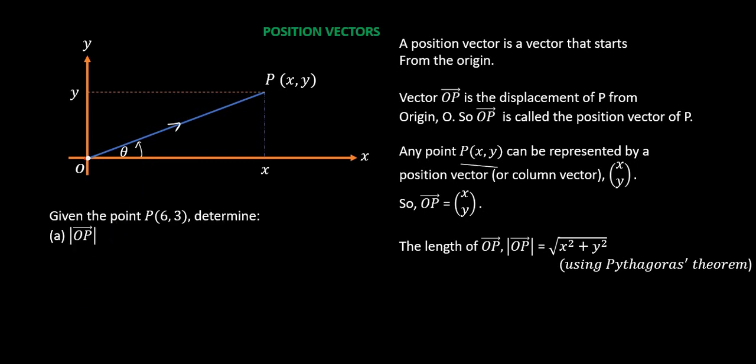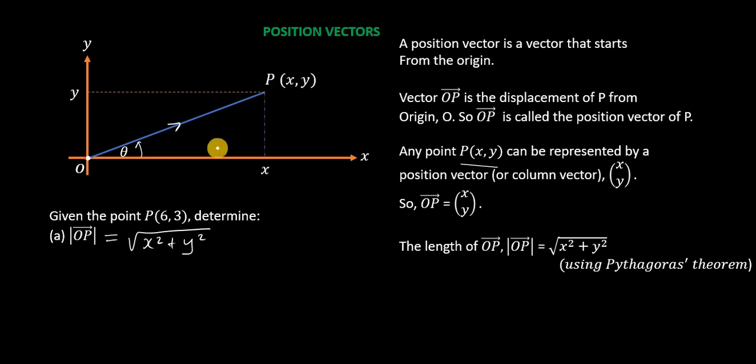Here's an example. Given the point with coordinates 6, 3, determine the length or magnitude of vector OP. Now this is how we do it. We take the formula that we have stated from the Pythagoras theorem, and we write the formula square root of x squared plus y squared.